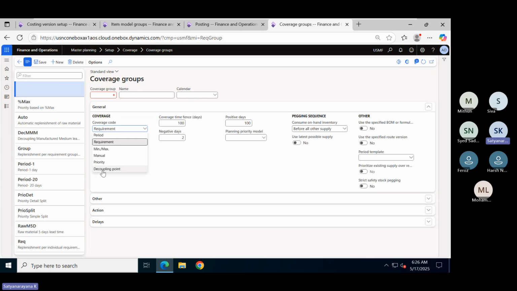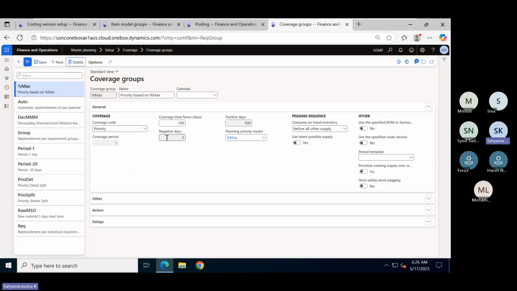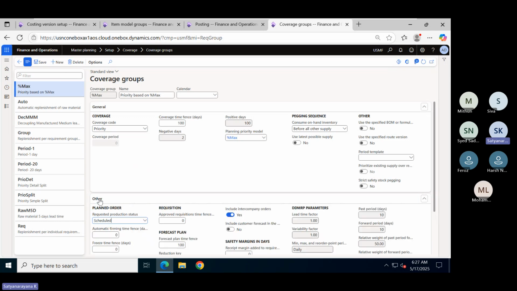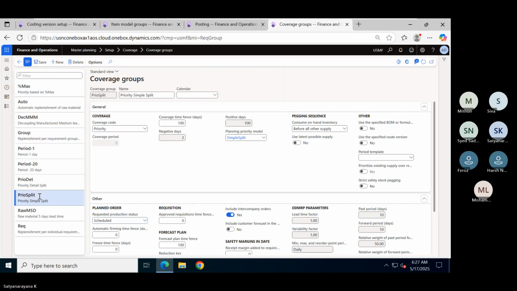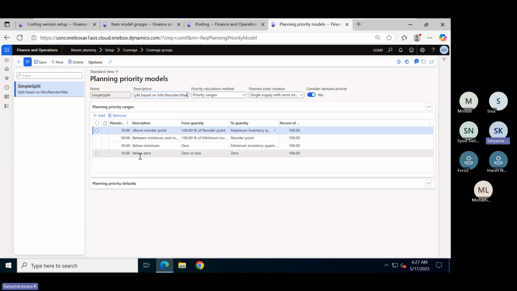If you enable these two, look at this: if it is a priority, there is a planning priority model. Along with the regular four methods, I'm going to teach you this one also. Inside there is a functional planning priority model.